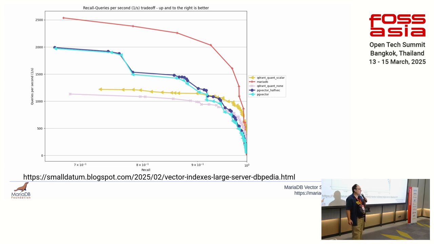So we've got a graph of these on the bench: MariaDB, PG Vector at half vec, PG Vector at full vec, and the Quadrant implementations. The scale on the vertical axis is queries per second. Obviously, the more queries per second, the better, as it's using fewer resources.